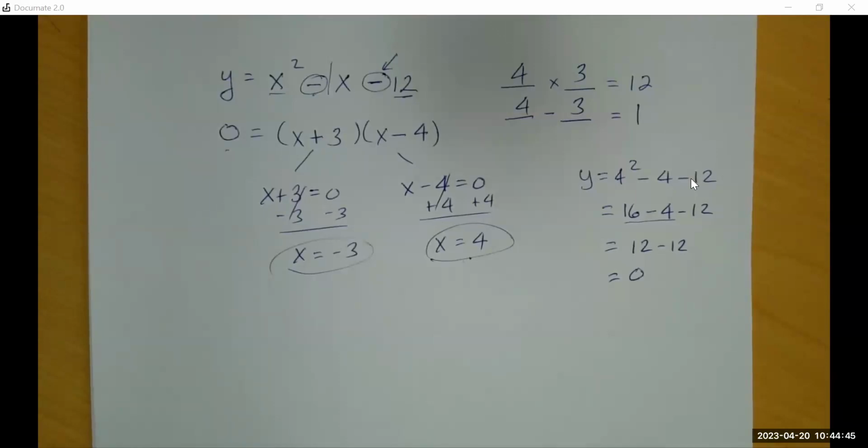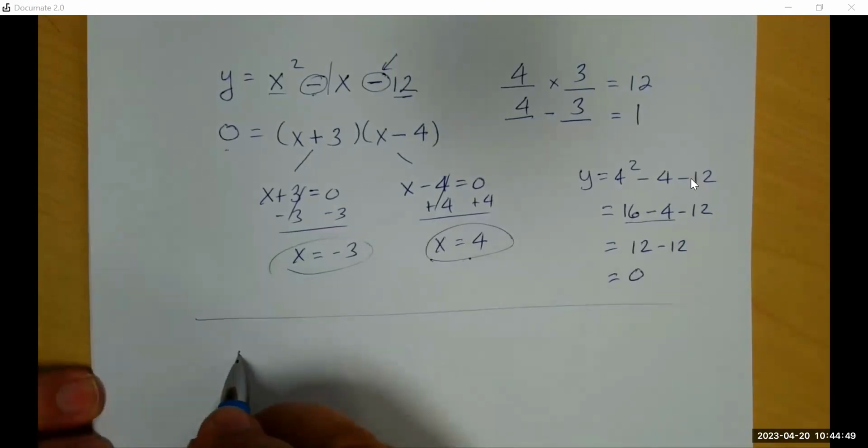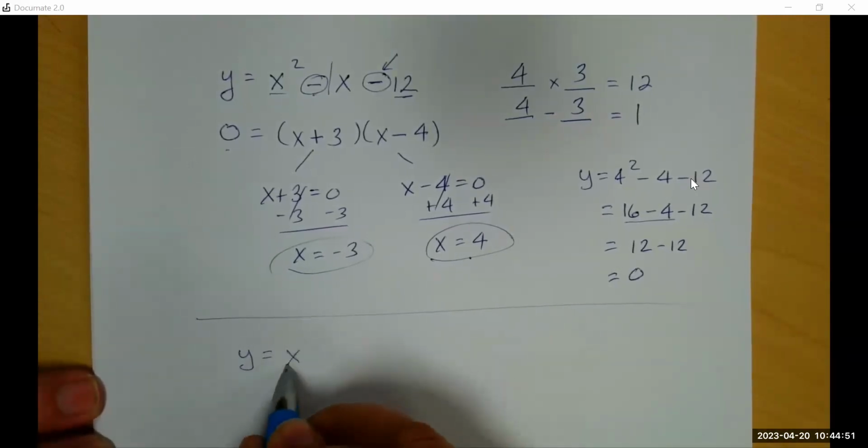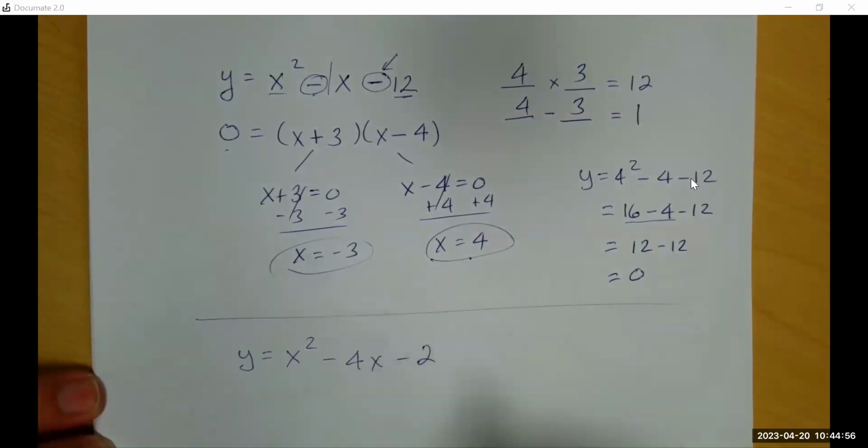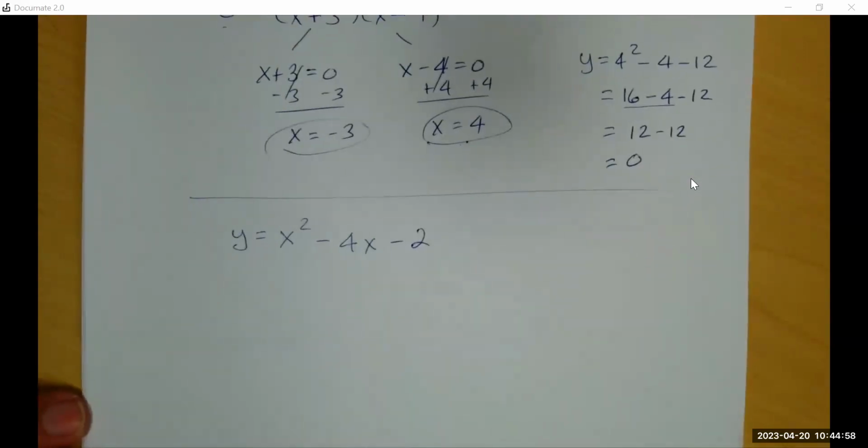So that's the factoring method. The factoring method won't always work. Because remember, the factoring method only works if you have a solution.